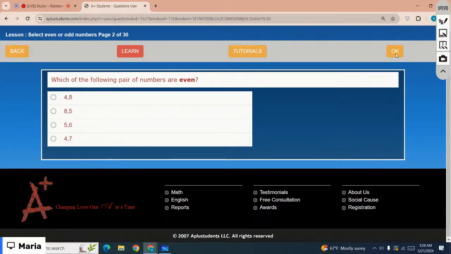Which of the following pair of numbers are even? So which is the correct option?